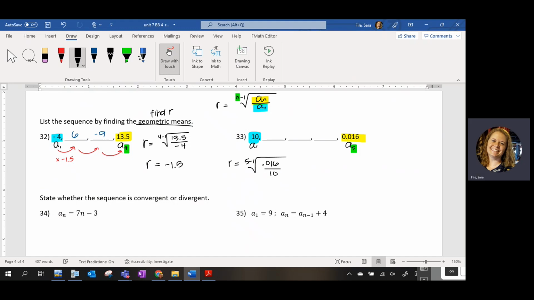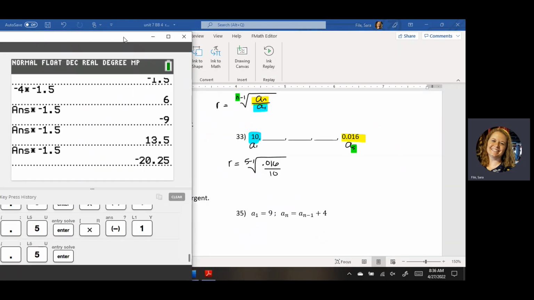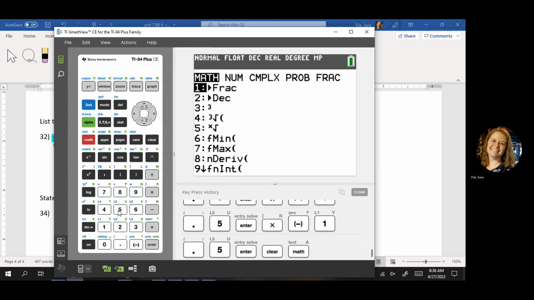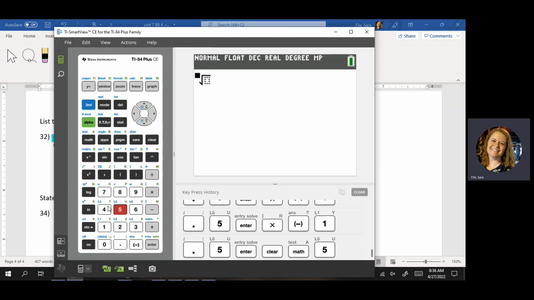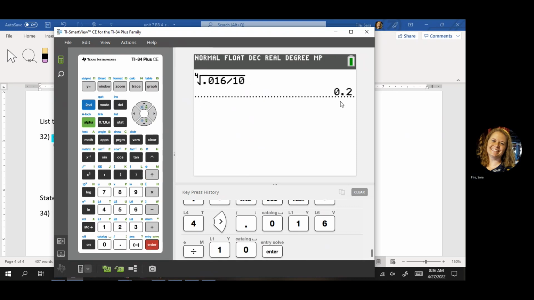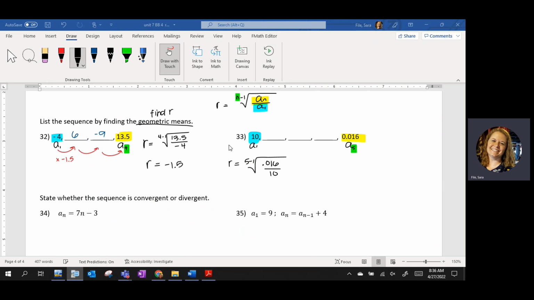Okay, so I'm going to go back to the calculator. We said the 4th root, because it was 5 minus 1, of 0.016 divided by 10. And that comes out to 0.2. So positive 0.2 is our R. So again, remember that is how we get from term to term to term.